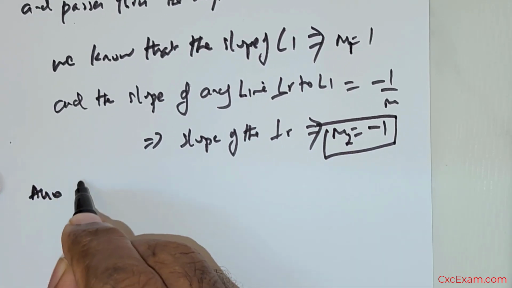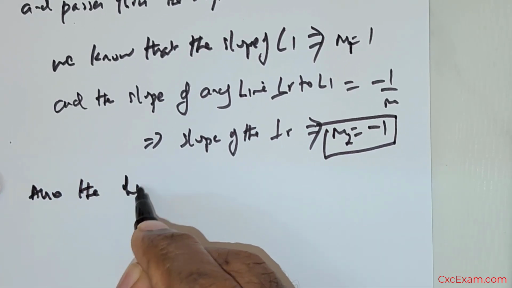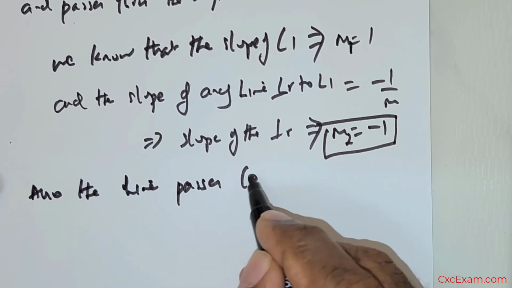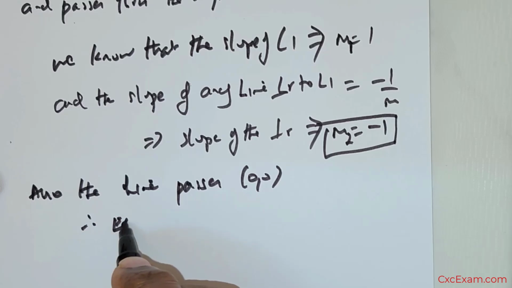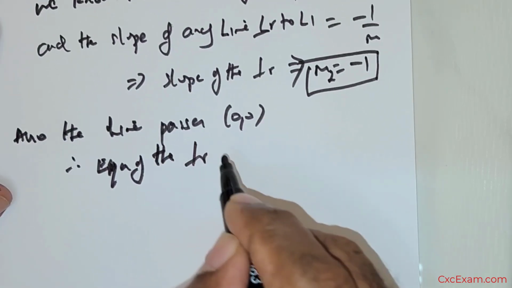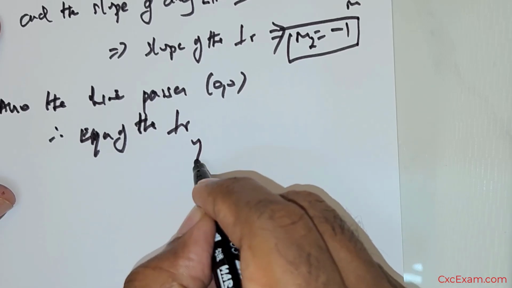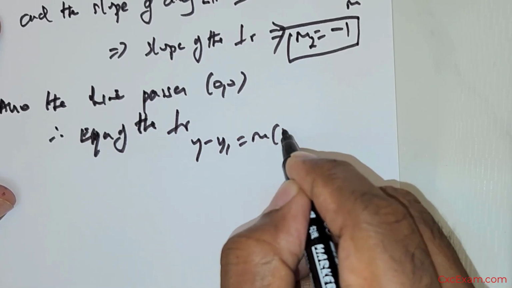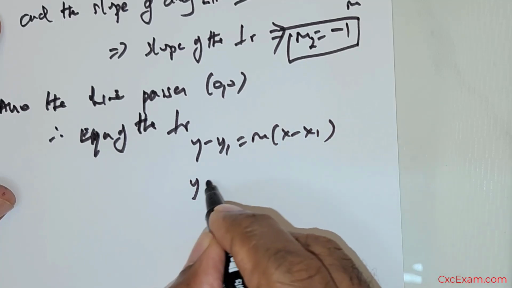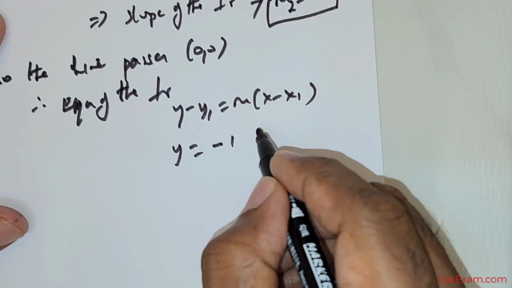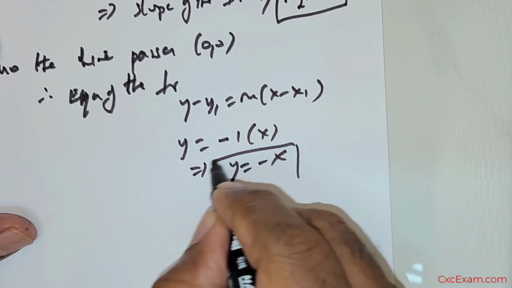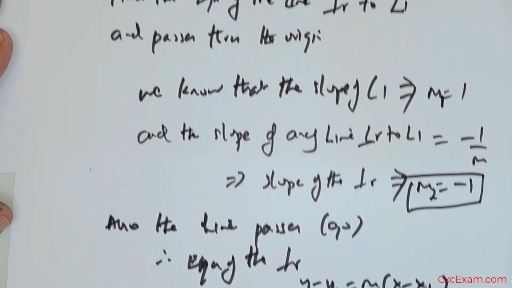Now also the line passes through what? Origin. So therefore the equation of the perpendicular is y minus y1 is equal to m times x minus x1. x1 and y1 is 0. So y is equal to negative 1 of x. This means y is equal to negative x is the required equation for the line.